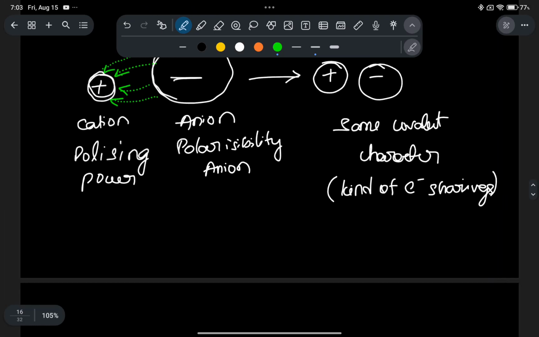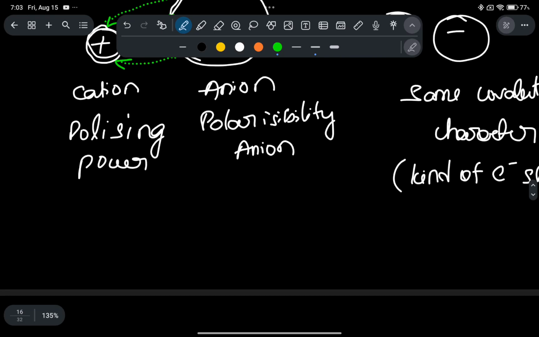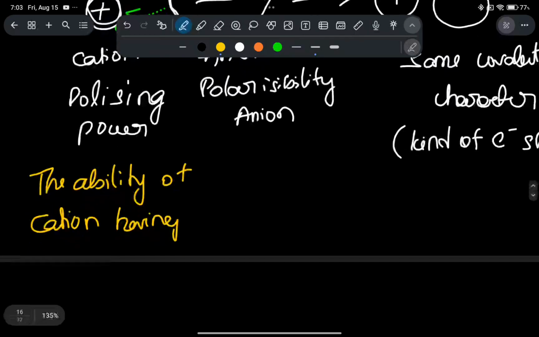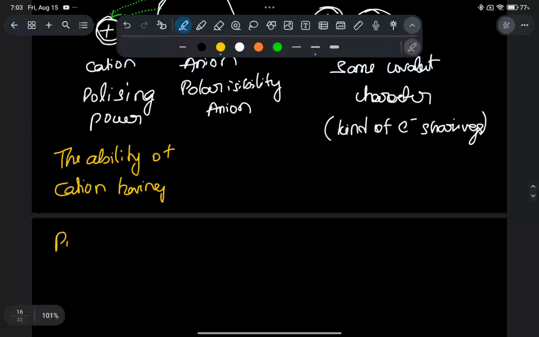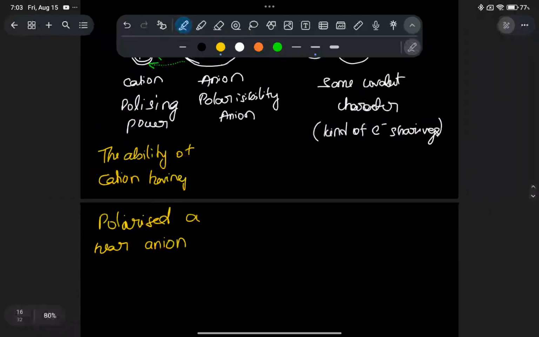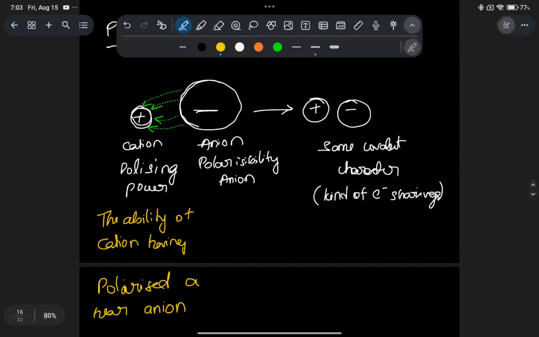So here I'm writing: the ability of a cation to polarize a nearby anion. This will attract the anion.